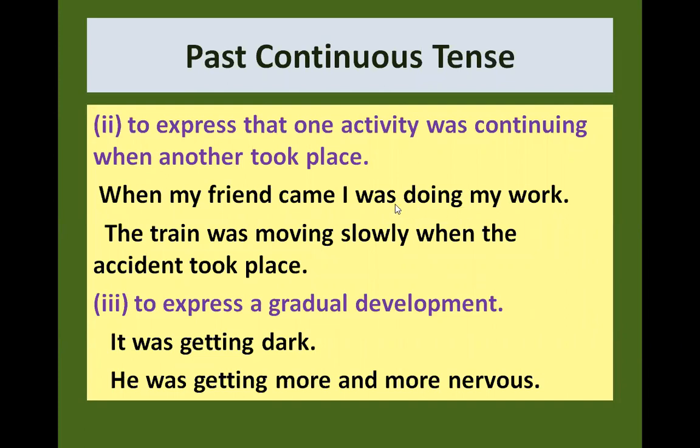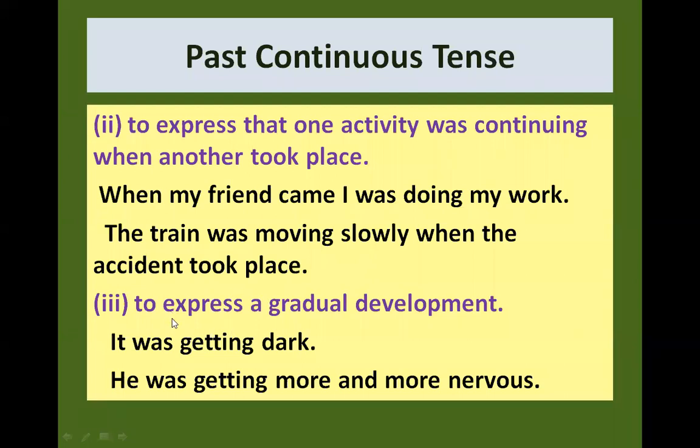So my friend came. तब मैं क्या कर रहा था? I was doing my work. The work was interrupted and then I continued. And वो interruption किस वजह से थी? When my friend came. That means मेरे दोस्त का आना. The train was moving slowly when the accident took place.